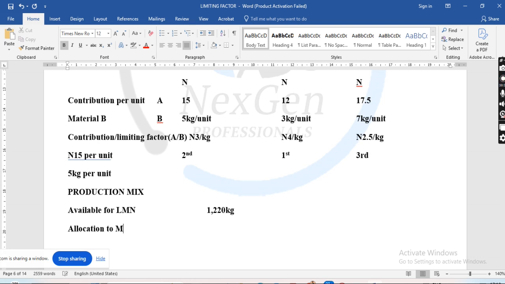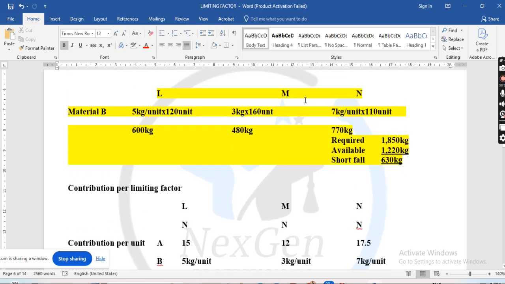Okay, M. So how many kg will it take M to produce the unit? Let's go back. You can see M, we need 480 kg to produce 160 units. We need to give M all the 480 kg because we need to rank it first, because we will make more money from M, right?